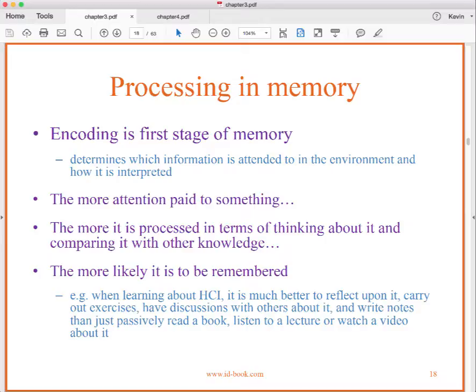In fact, if you read the books or watch the videos about how to improve your memory, they often involve tricks of taking the information that you are seeing and trying to relate it to things that you already know. So it increases the processing on it, at least in theory, and it tends to give you a couple more handles to retrieve it by.